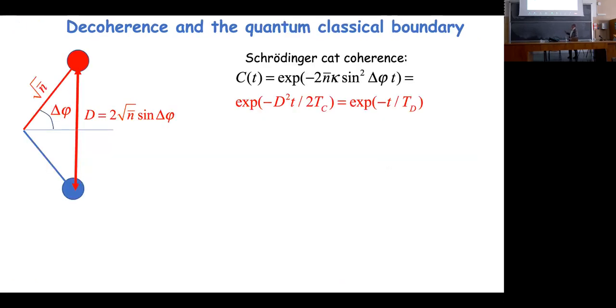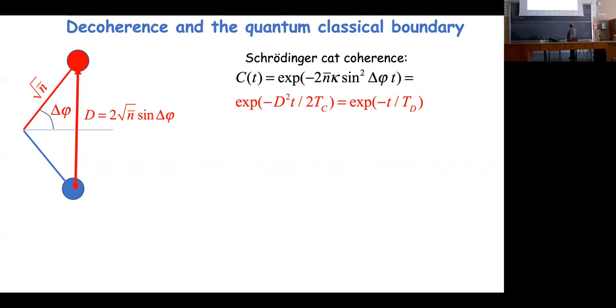If you have the two components like this, the distance between the two components is 2 square root of n sine delta phi. It's just the Pythagorean theorem, or just a very simple property of the triangle. And the contrast of the fringes, the amplitude of the off-diagonal element, is given by this expression, which is proportional to minus d square over 2tc.